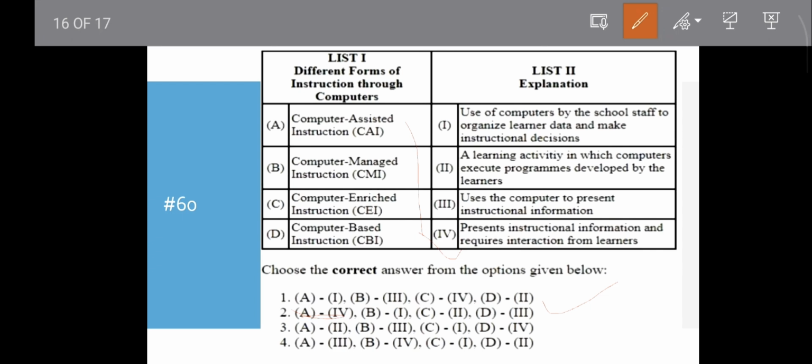It will be I. Computer enriched instruction means the computer is used as an aid or enrichment, not the main teacher, a learning activity in which the computer executes programs developed by learners. Computer based instruction, CBI, uses the computer to present instructional content directly, so it is the use of the computer to present instructional information. Option 2 will be the correct answer.